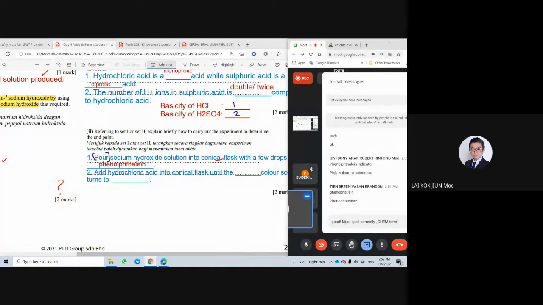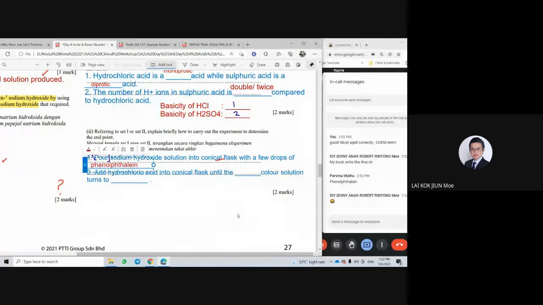Chemical terms cannot be wrong. Pavina is correct. Phenolphthalein, same with me. Be careful. Chemistry terms cannot be wrong. All these they catch very strictly. The marker will double check, triple check for you.